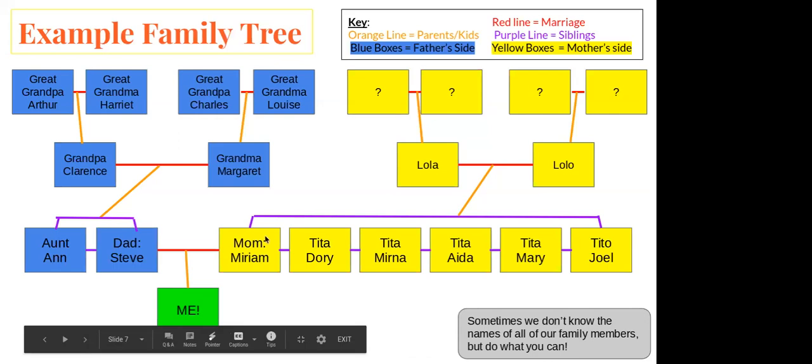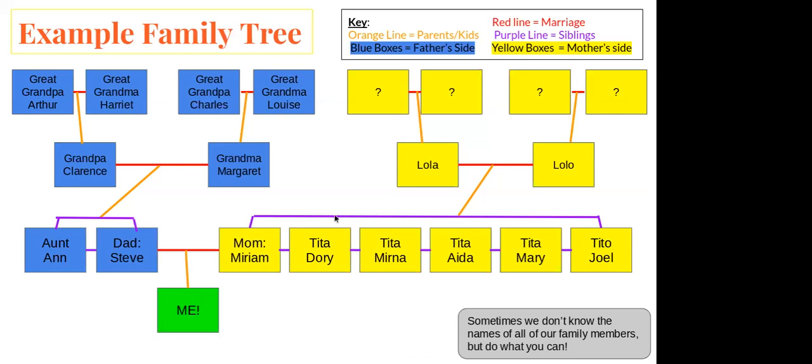So if you look at the way they have these different lines, and it tells you up here in a key, which is very important, each family tree usually has some type of key that lets the person looking at it know, okay, this is what all this stuff means. So in this key, we can see these different color lines mean different types of relationships.